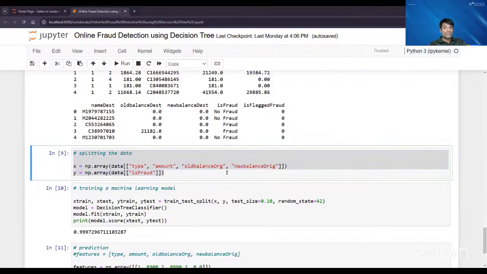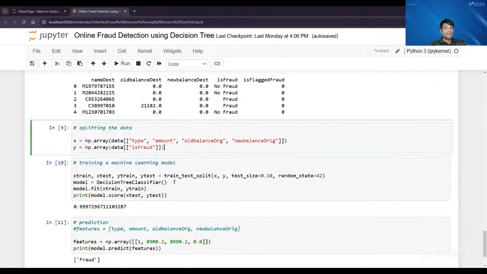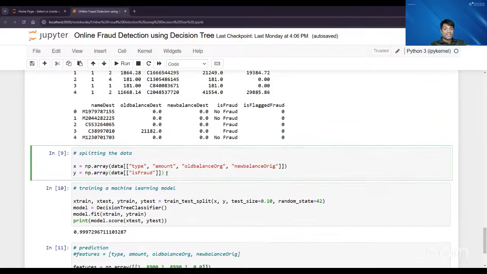Okay, so this part will give you whether you are going to identify, using these parameters, whether that particular transaction is fraud. So we are training the X variable on these 4 parameters, 1, 2, 3, 4, and we are training the Y variable on this parameter.